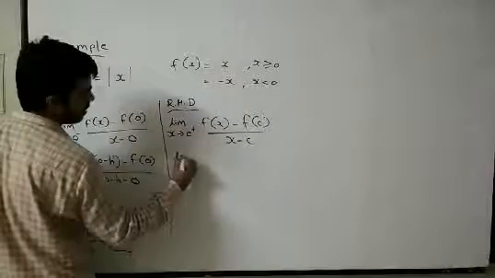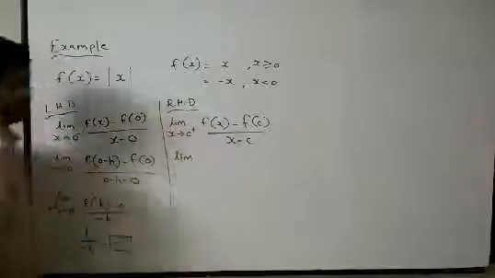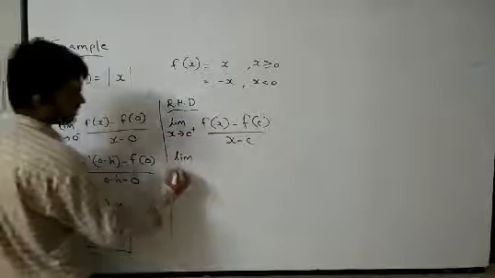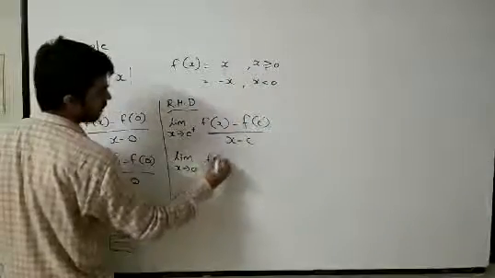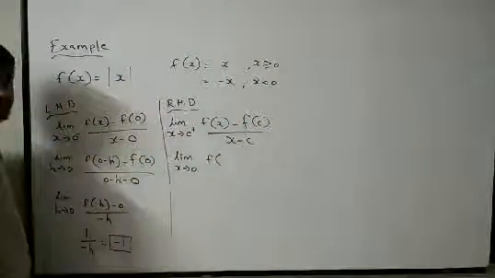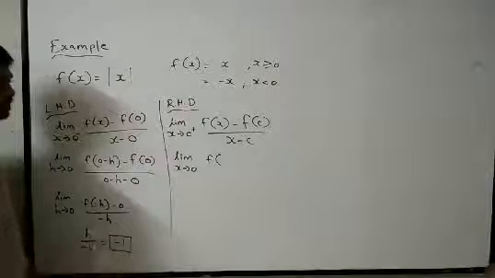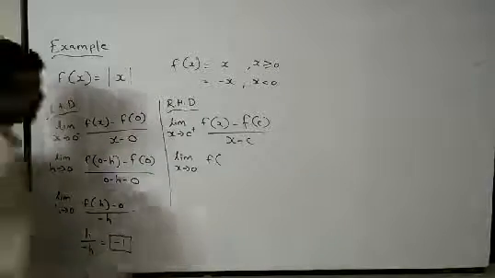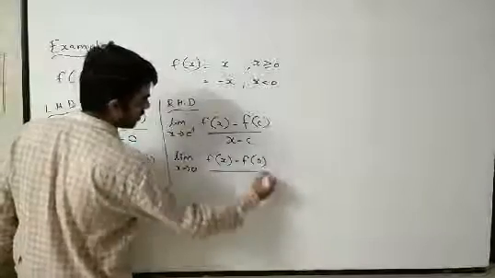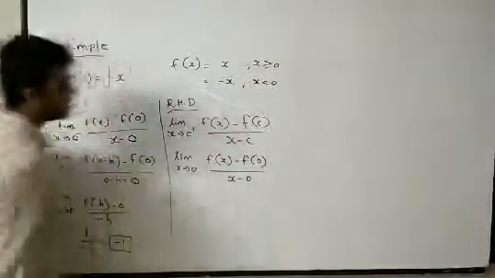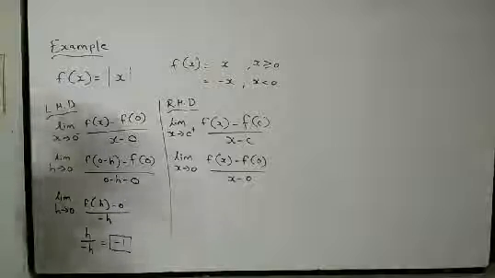Now x tends to c, so we are keeping x tends to 0, because here c is 0. F of x, wherever x is there, what we are supposed to keep, we will do afterwards. F of 0 divided by x minus 0. Clear? I hope this step is clear.